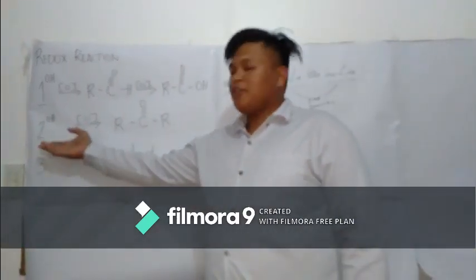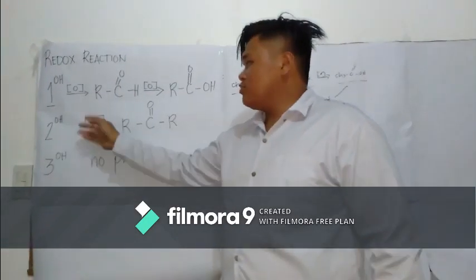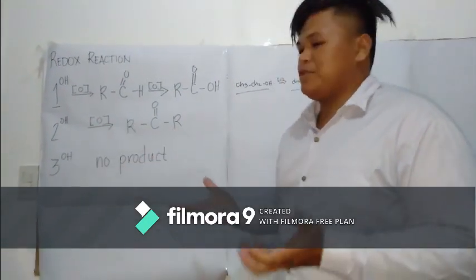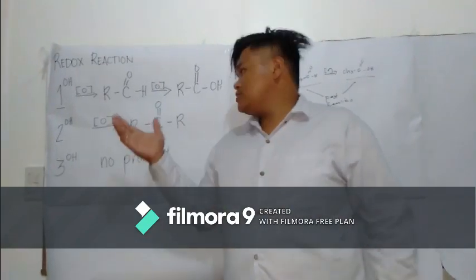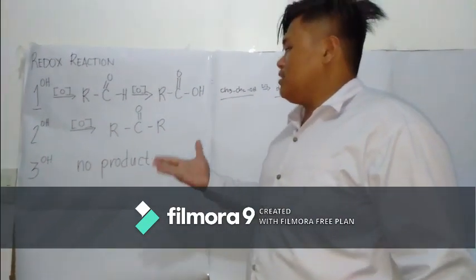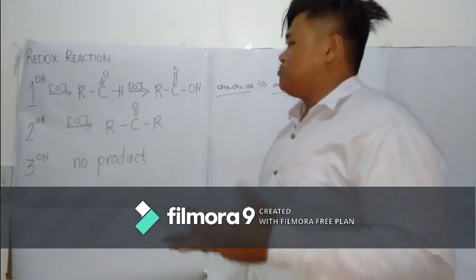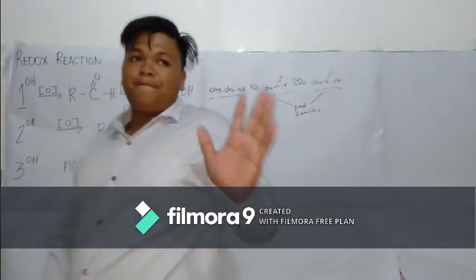The secondary alcohol, when the secondary alcohol goes to oxidation, our predicted product is a ketone. So how we can get the ketone, for the further explanation by my partner Jimboy.